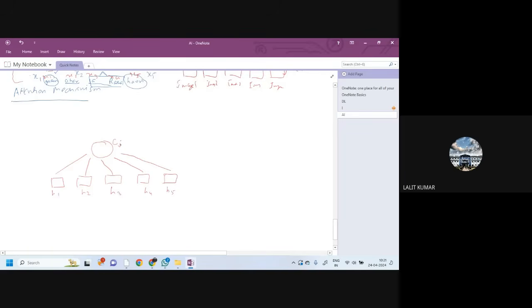And this Cj, we say, is built from alpha Jt. For example, for the first step it will become alpha 11, alpha 21, alpha 31, alpha 41, and alpha 51.